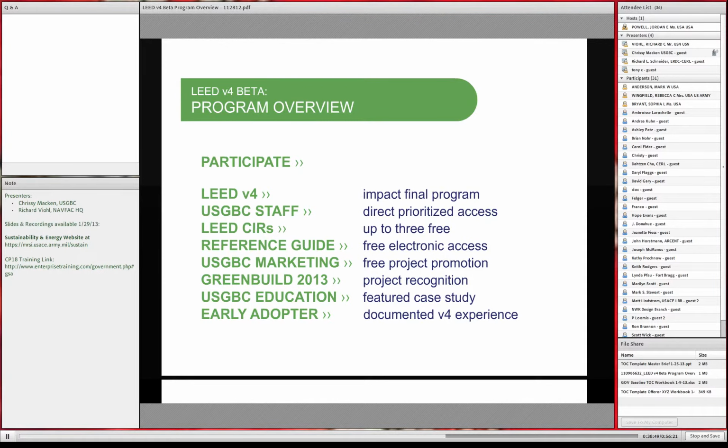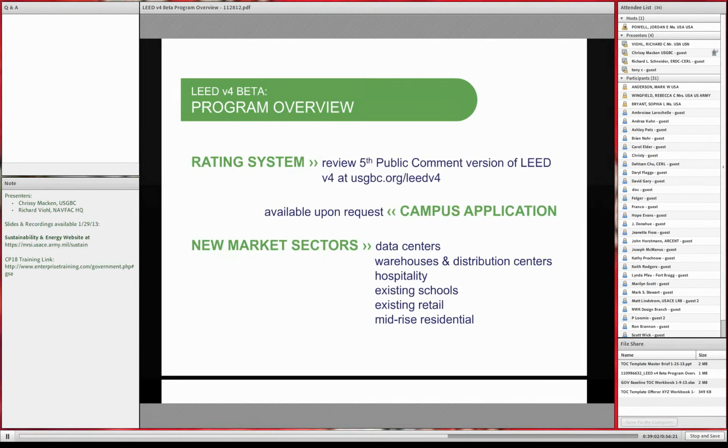Finally, for those who go through the program, the benefit of being an early adopter and having the documented version 4 expertise and experience when we do launch the program will help you all with your own professional development, so certainly something to think about.